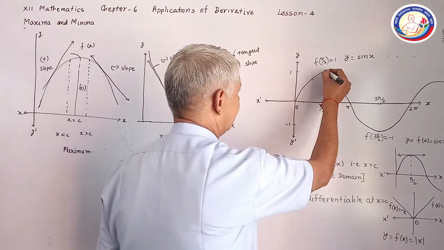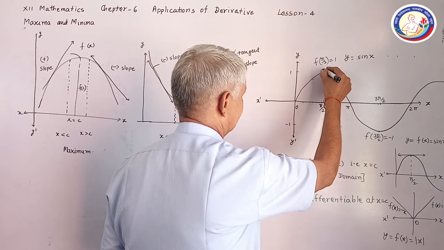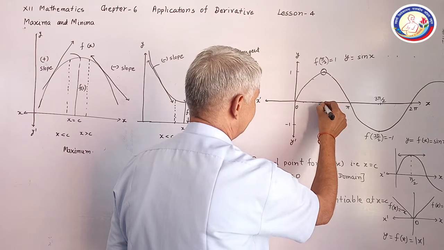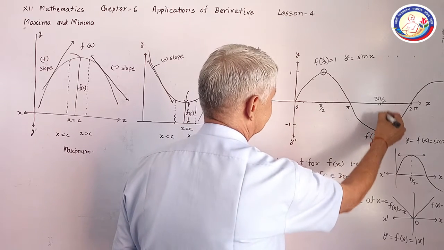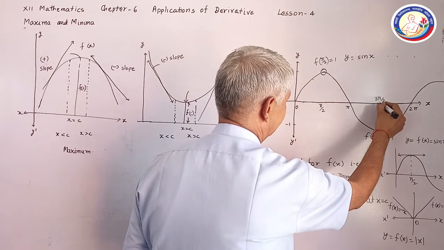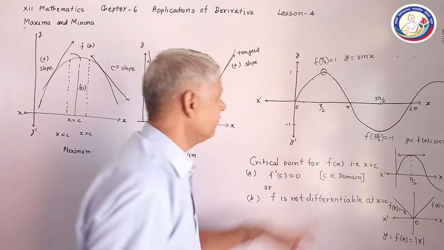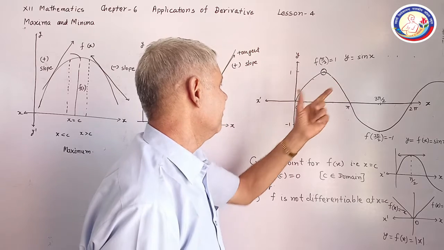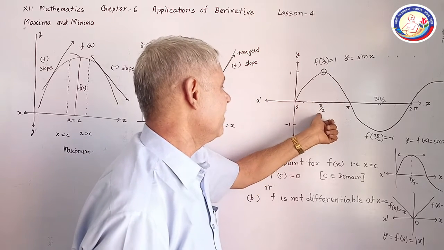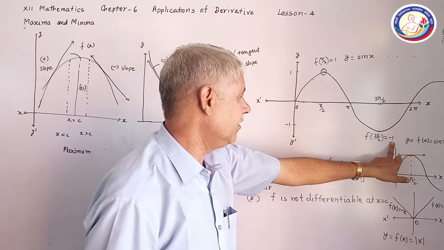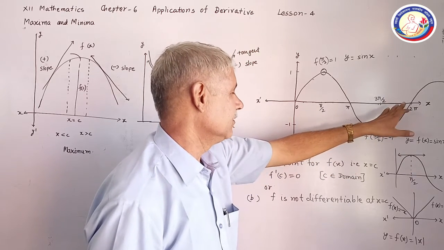This is a point of maximum, and it is at pi by 2. And this is a point of minimum, 3 pi by 2, and the value is minus 1 here. So 1 is the maximum value of the function at pi by 2, and minus 1 is the minimum value at 3 pi by 2.